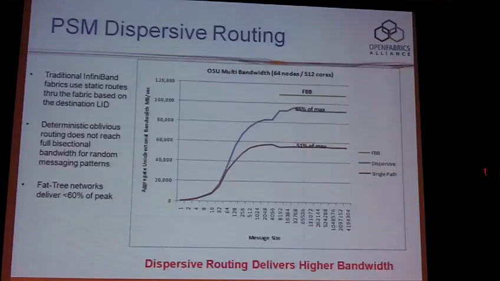So for one simple example, in a 64-node cluster, comparing a pure single-path type routing with a single address per node and all the traffic between any pair of nodes using a single path to dispersive routing, we see a significant jump.